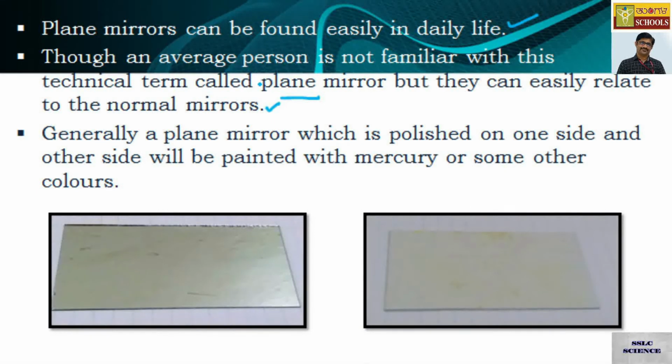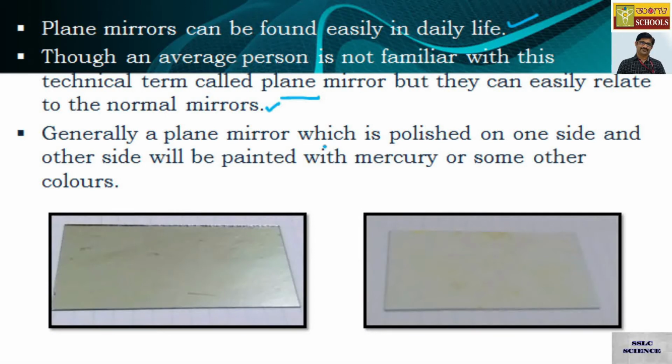For an average person, these plane mirrors are simply the normal mirrors. So plane mirrors are easily available in daily life, and that can be easily related by the normal or average person.